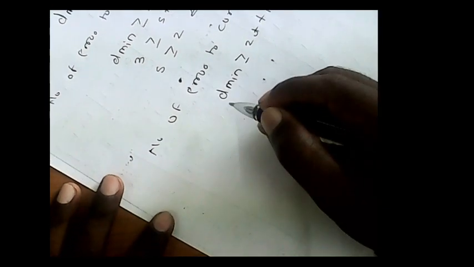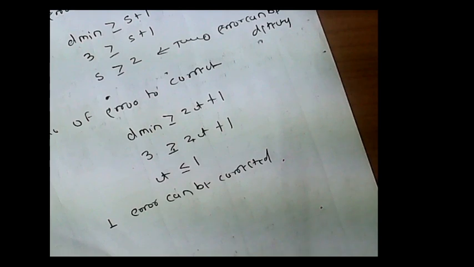So d minimum equal to 3 is greater than or equal to 2t plus 1, so t is less than or equal to 1. So one error can be corrected by using linear block codes. These are all the equations you can study, and with more practice you can solve all the numericals. So we can stop here. Thank you.